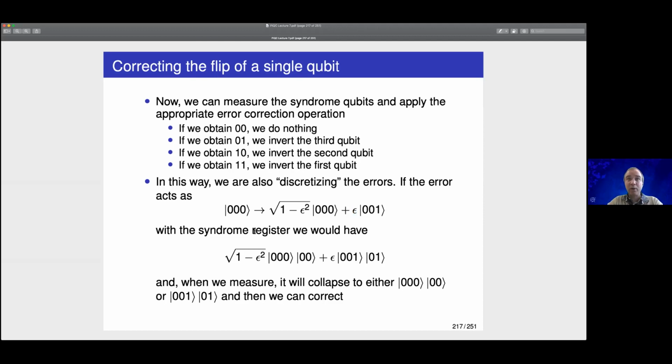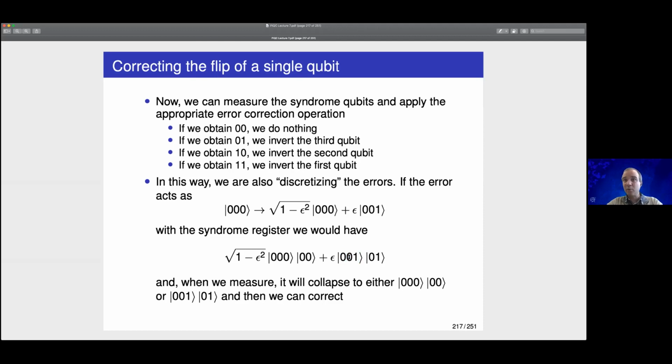But notice that when we applied the ancillary qubits in order to measure the syndrome, what we do is to entangle each of these possible basic states with its syndrome. So for this, we are going to obtain syndrome 0, 0 because the 3 qubits are the same. And for this part here, which is part of this superposition after the error has occurred, we obtain the correct syndrome for this part, okay?